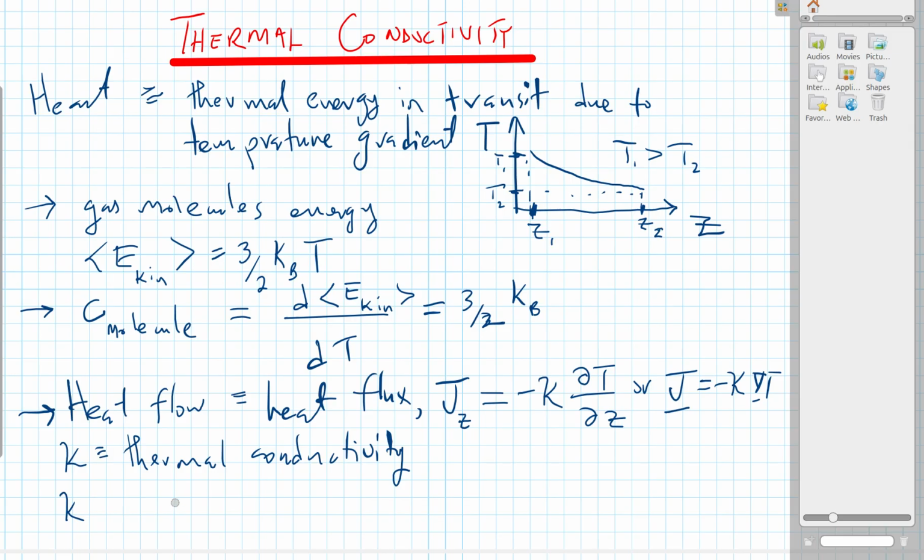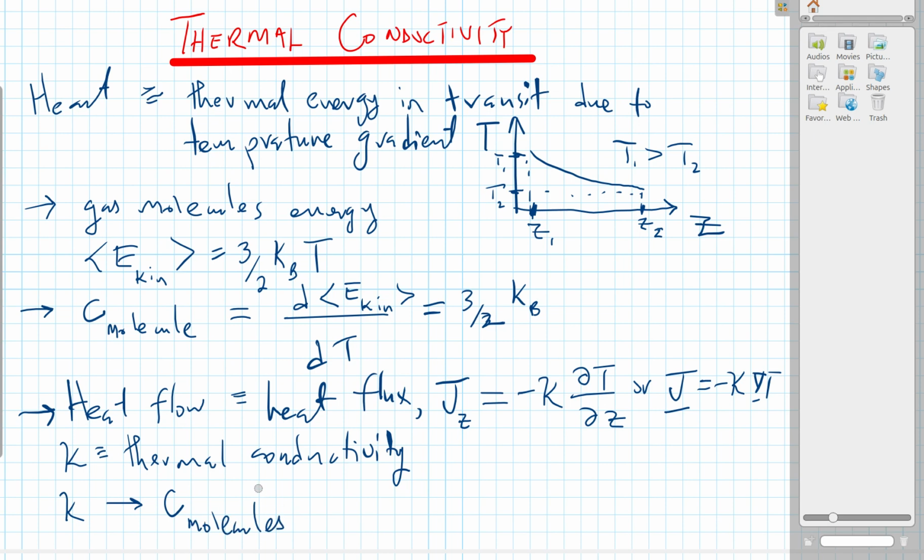In some way one can think of the thermal conductivity, given what we have mentioned so far, as going to somehow depend on the heat capacity of the molecules.